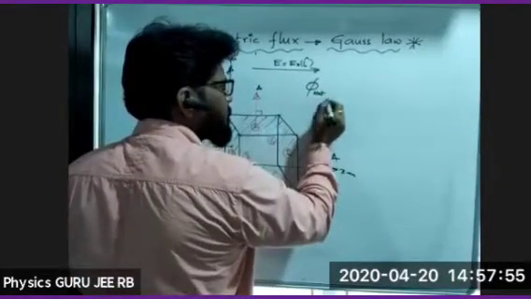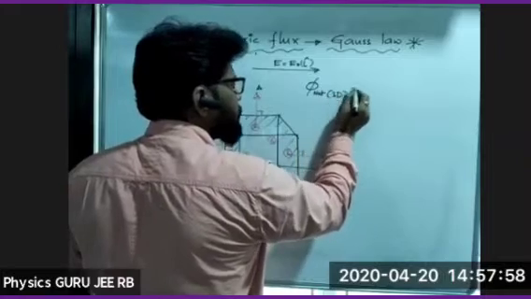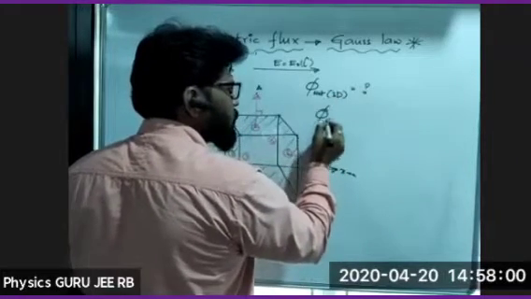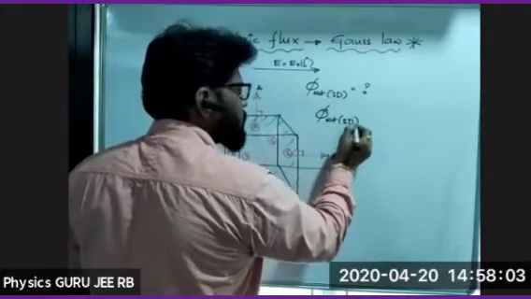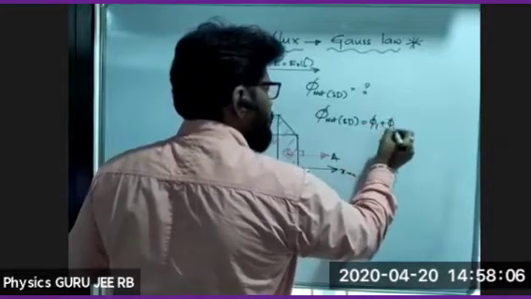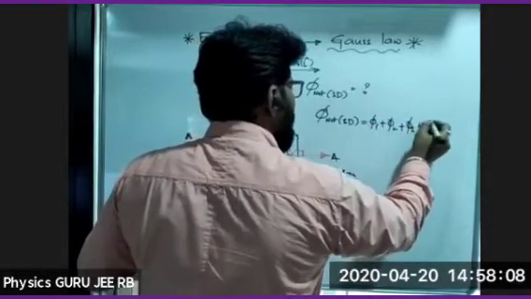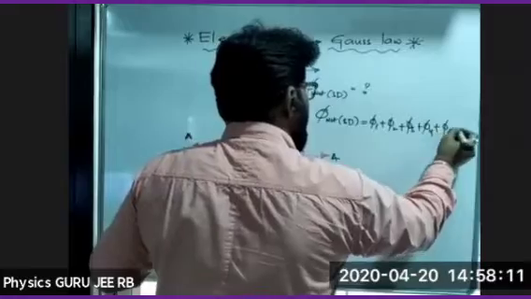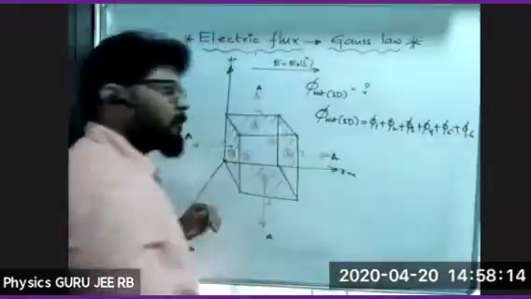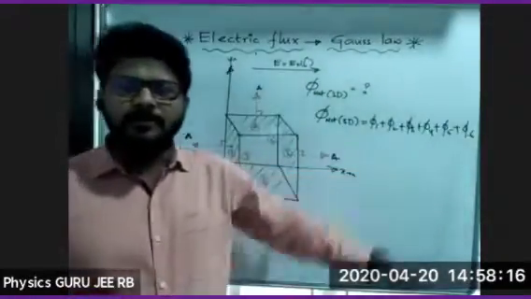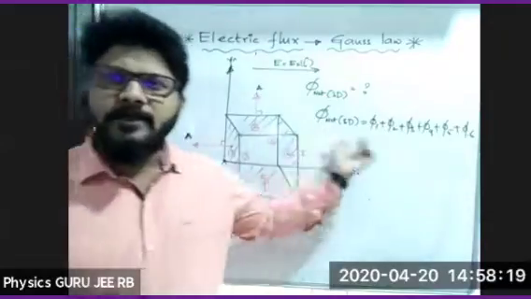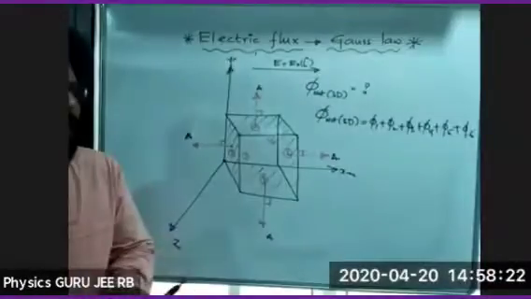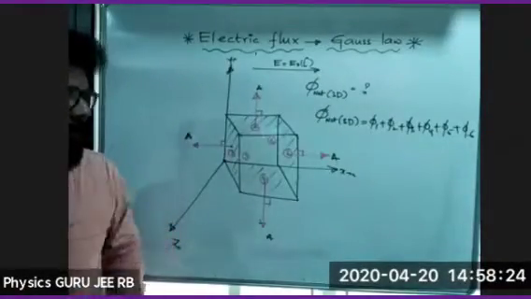Net flux through the 3D body is nothing but phi 1 plus phi 2 plus phi 3 plus phi 4 plus phi 5 plus phi 6. So we have to calculate the flux for all directions and substitute. It is simply a scalar quantity, so we'll simply add everything, right? Okay. Now what do we do? Let us see.